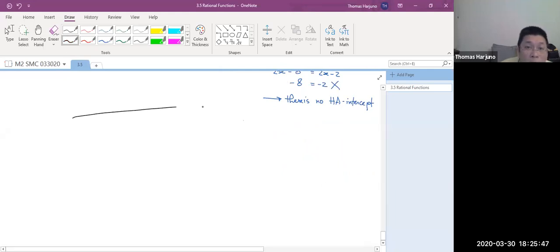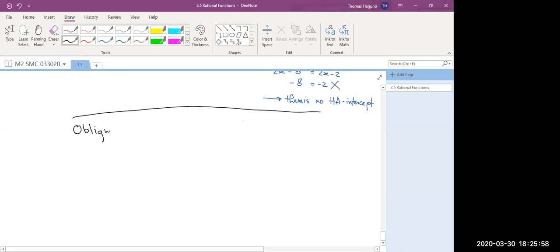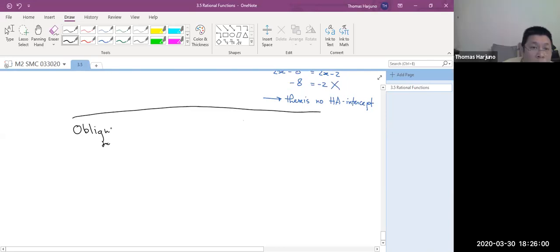Now, because of the time, let me go on further to another variation. I think this is the last variation, something called oblique asymptote.